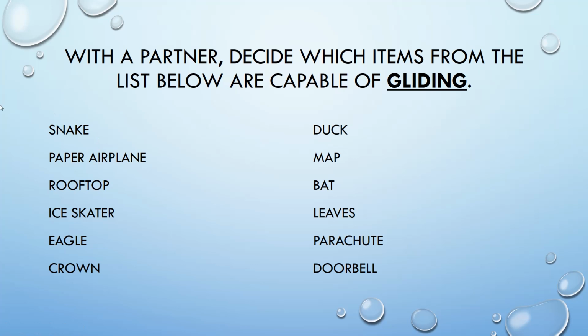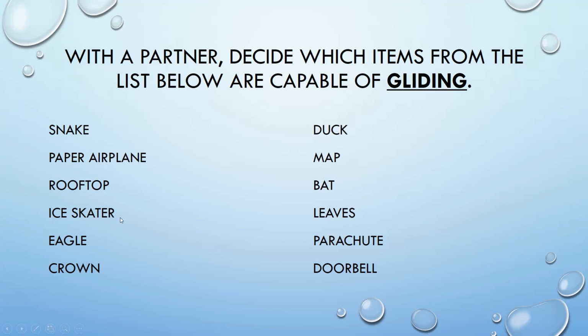What about a paper airplane? Yeah, definitely a paper airplane, right? Especially if you made a good one and it can get all the way to the other side of the room. A paper airplane can glide. What about a rooftop? A rooftop can definitely not glide.